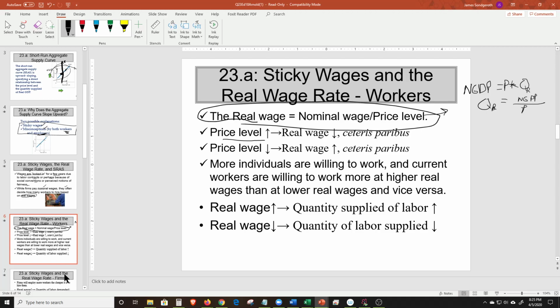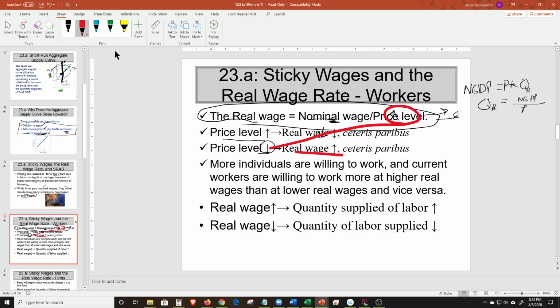And so, if you put the price level over here, the price level times the real wage equals the nominal wage. And this is the same formula as here. So if the price level goes up right here and nominal wages are stuck, well, then real wages go down. And if the price level goes down, right here, well, then real wages go up.